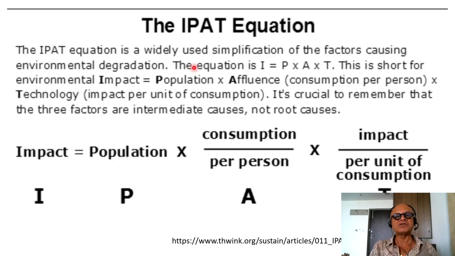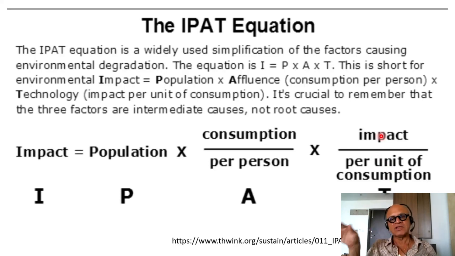So the IPAT equation is a widely used simplification of the factors causing environmental degradation. The equation I equals P times A times T is short for environmental impact equals population times affluence, which is consumption per person, times technology, which is impact per unit of consumption, or how technology allows us to consume at higher and higher rates.